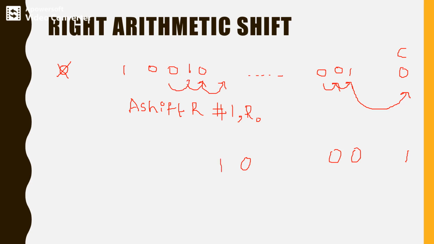This 0 will come to the 1st position, 0, and this 1 will come to the 0th location. So now here it is a vacant location. So now check the MSB bit after performing the shift operation. What is the value of the MSB bit? So consider the same value in the vacant location. So now in this case the value of the MSB bit is 1.